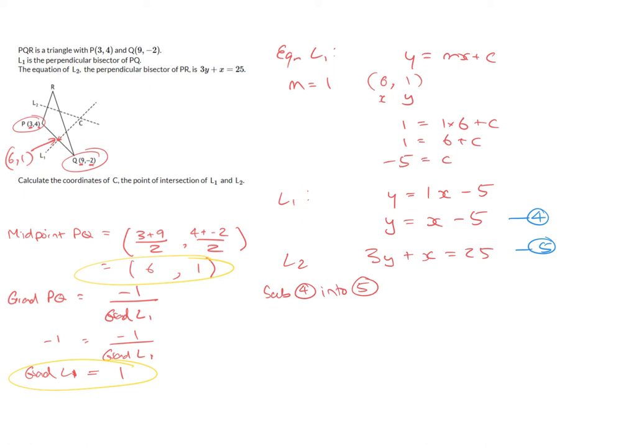So equation 5 now becomes 3 bracket x minus 5, because that's my value of y from equation number 4, plus x equals 25. So let's tidy this up. I've got 3 times x, that's 3x, minus 3 times 5, which is minus 15, plus x equals 25.